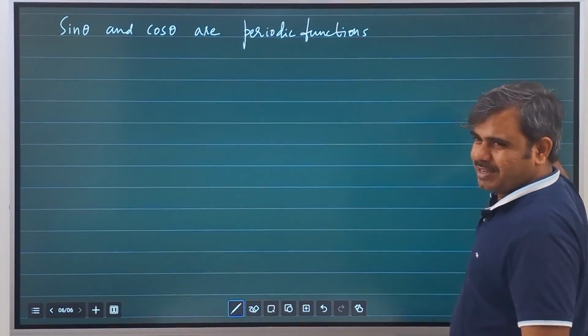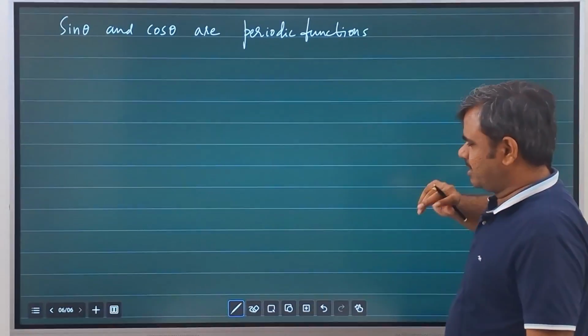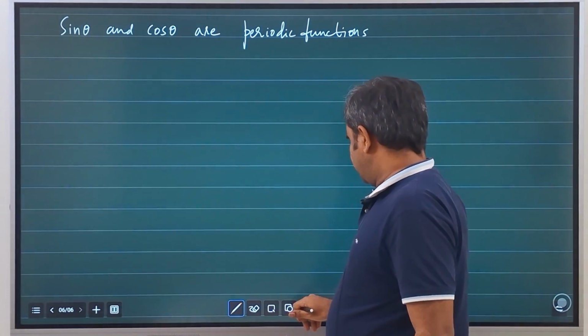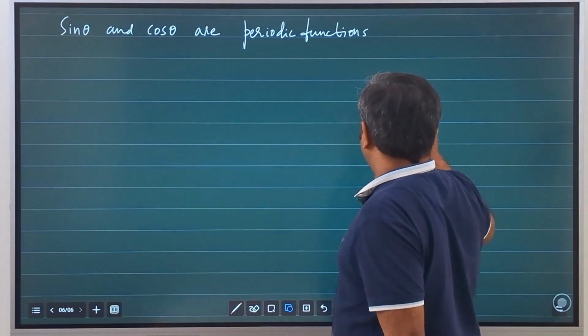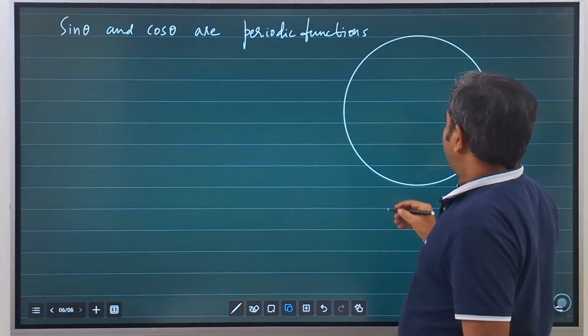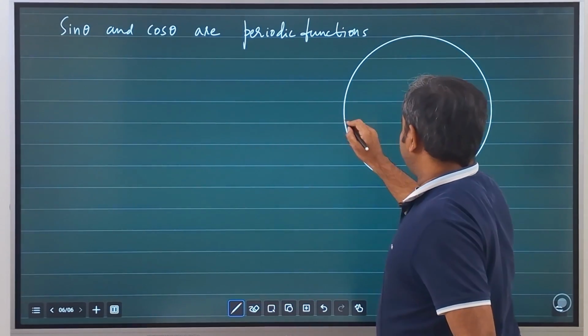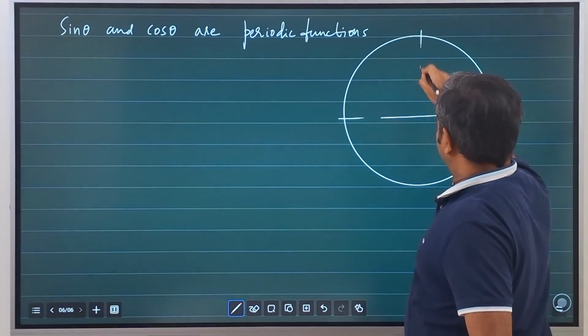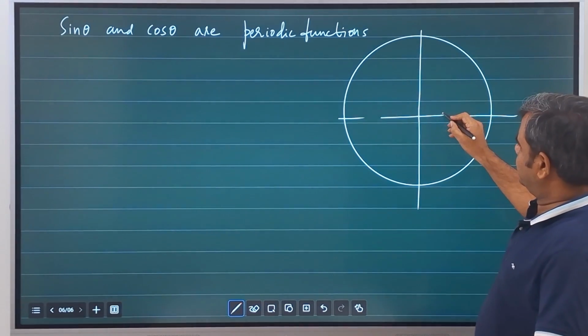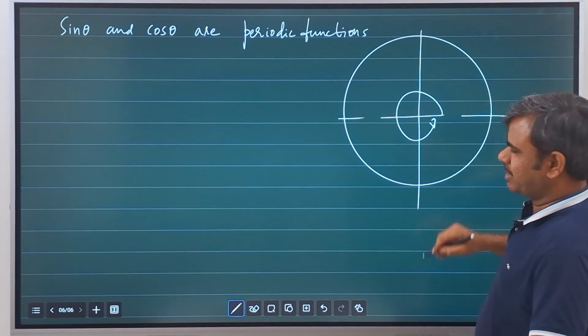After every one cycle, again it's the same story we discussed in the previous class. If you draw a unit circle, after every one cycle, again it comes to first quadrant, after 360 degrees is complete.